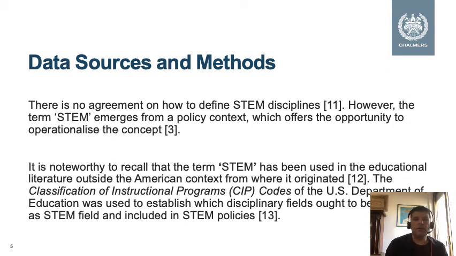However, in spite of this lack of agreement, the term STEM, which emerges from a policy context, an American policy context, and more specifically the context of educational policies, offers the opportunity to operationalize the definition of science and technology fields and to work with the tools and methods of bibliometrics to further analyze what STEM information literacy is in terms of a research field.